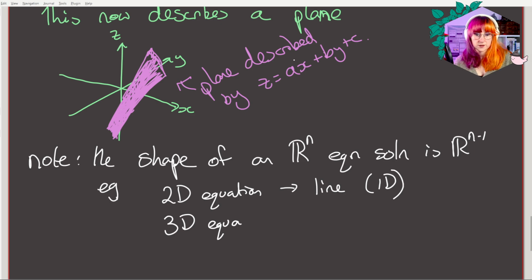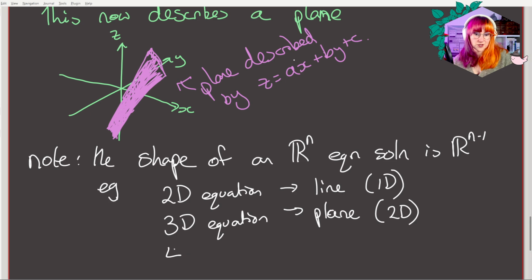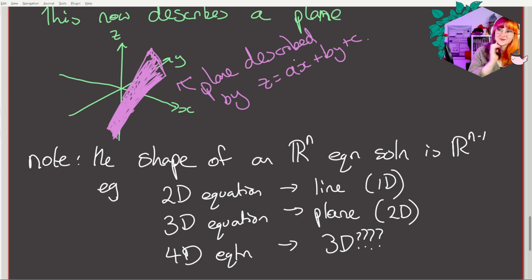A 3D equation has a plane. I am glossing over a lot of very rigorous stuff when I am saying this, so don't come for me. But a plane is 2D space, and so on and so forth. So the 4D equation would have 3D space, and it suddenly gets really hard to visualize and understand what's going on.